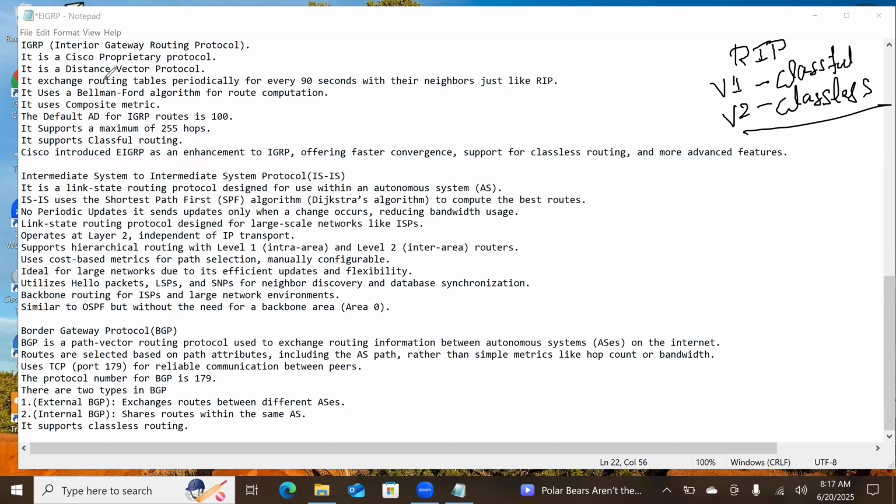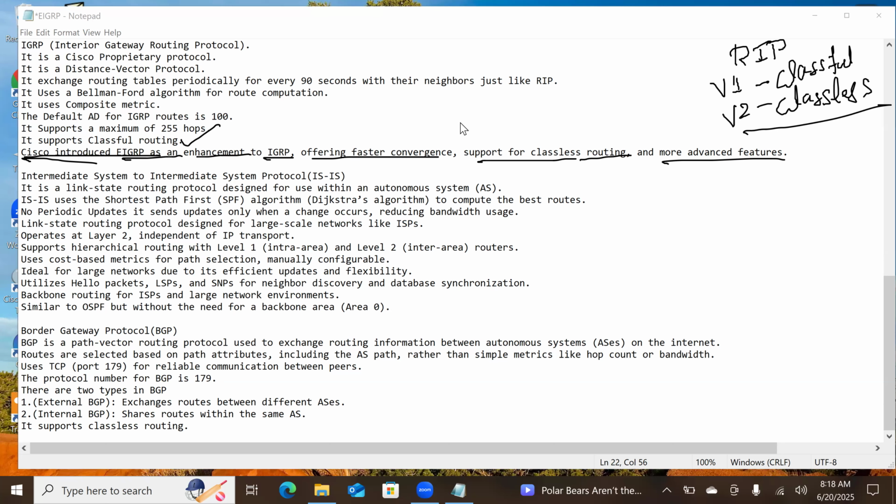And this IGRP is a totally classful routing protocol. So that is the reason we went for EIGRP. Later in the year, I'll tell you. Cisco introduced EIGRP as an enhancement to IGRP, offering faster convergence, support for classless routing, and more advanced features. So this is some very small information about IGRP.